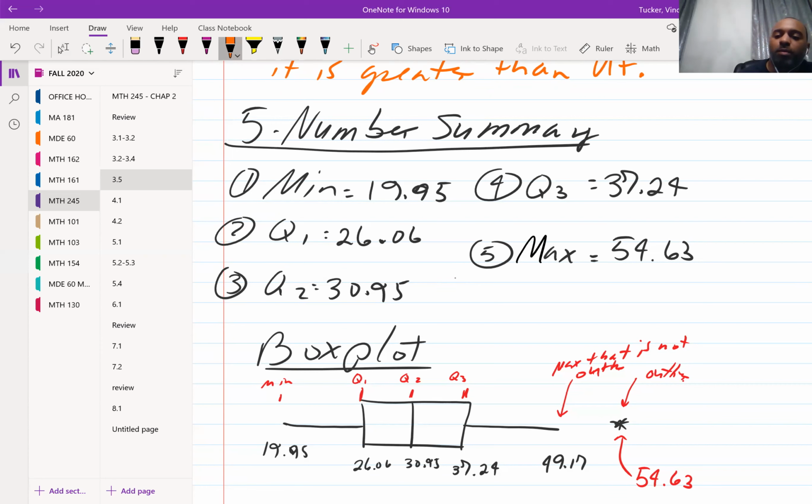Now, remember, we have an outlier right here at 54.63. We're going to represent that as an asterisk. Then the next value down is 49.17 in our data set, and that's what the whisker would extend out to.